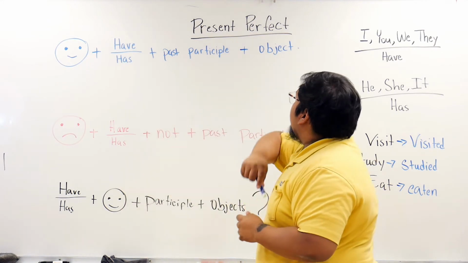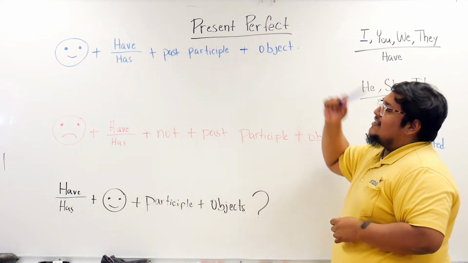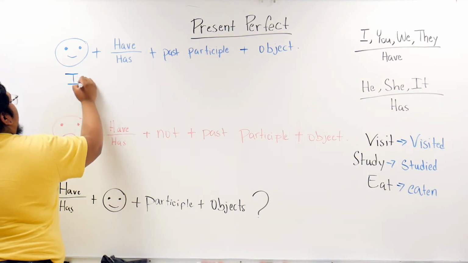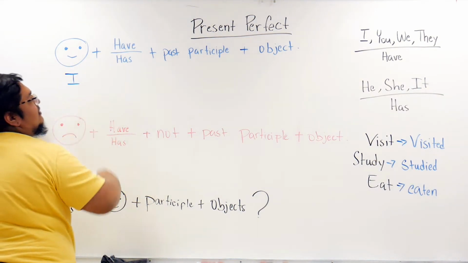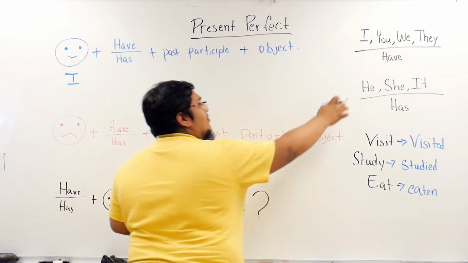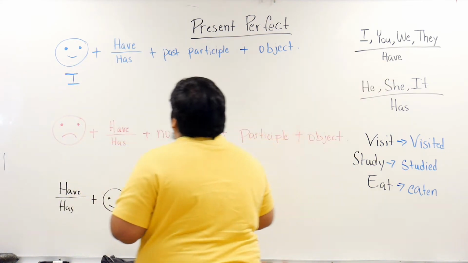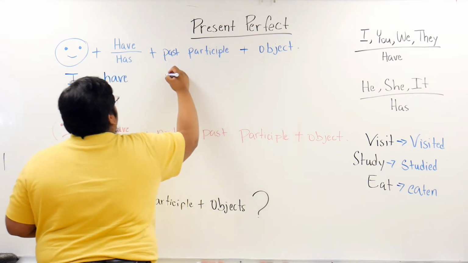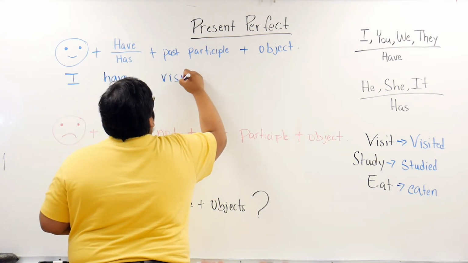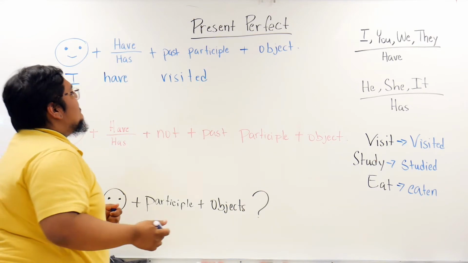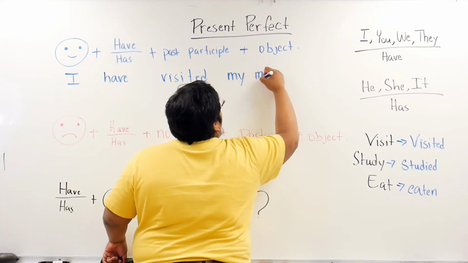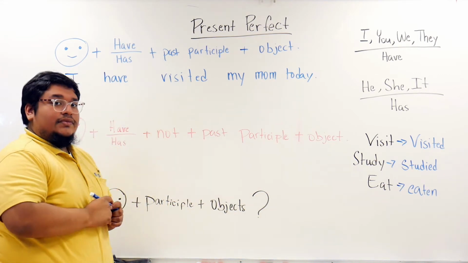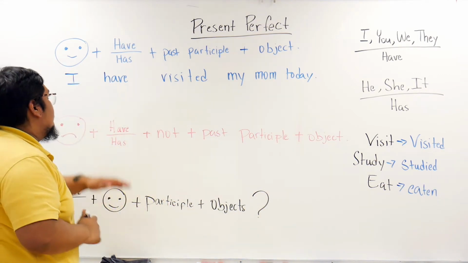Now, let's look back at our formula. The last thing that we need is an object. Let's make a sentence with I. I, and because we're using I, we have to use have. So I have, and I can say visited, because visited is my past participle. I have visited my mom today. Good. Okay, does it follow our formula? Let's see.